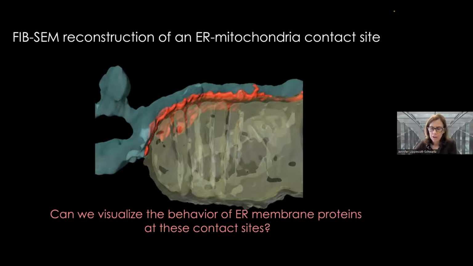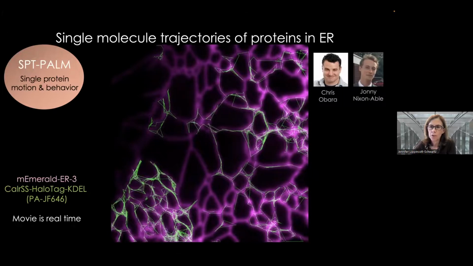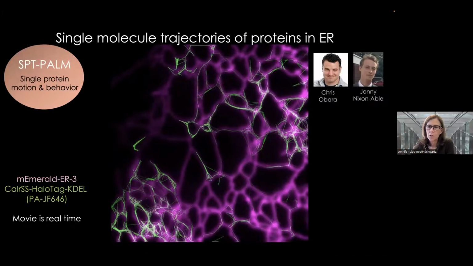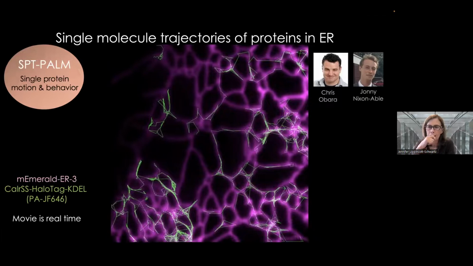So to address this, 2 people in my lab, Chris Obara and Johnny Nixon-Abell, who has now been at Cambridge for several years, developed an assay to see whether they could characterize the proteins associated with these ER-mitochondrial contact sites. This is single molecule tracking.